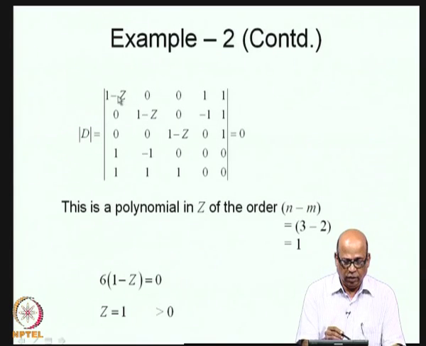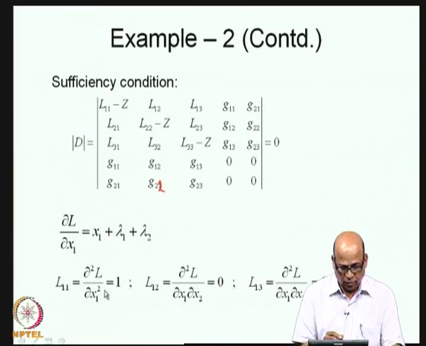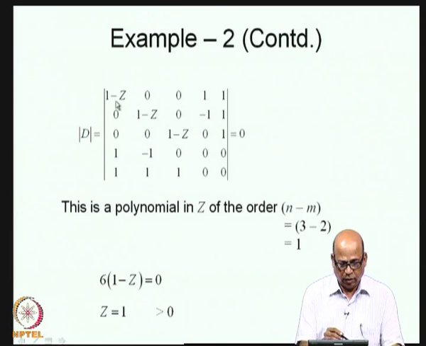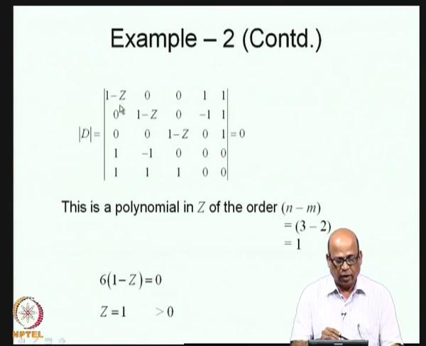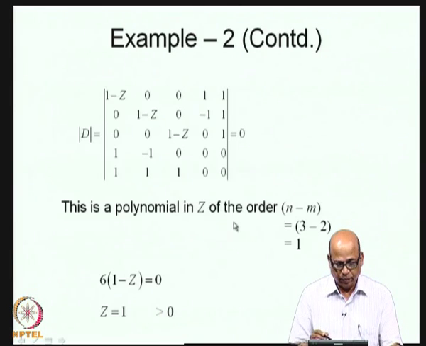So, determinant D is 1 minus z, we are using these values now, this is 1, 0, 0. So, I will put the determinant as 1 minus z, 0, 0, 1, 1, 0, 1 minus z, 0, minus 1, 1. I am using these values now, minus 1 is here and 0 is here.